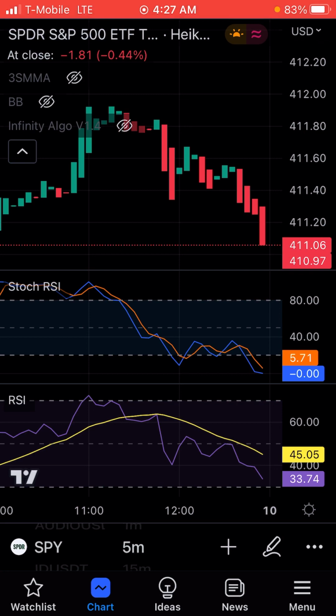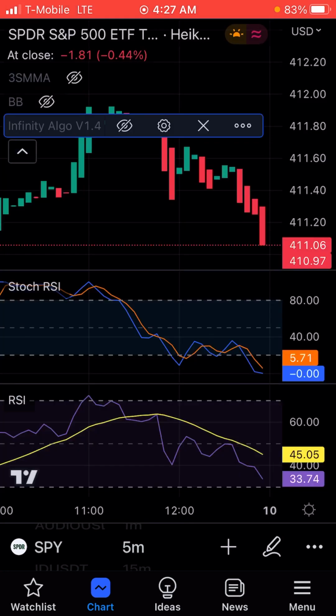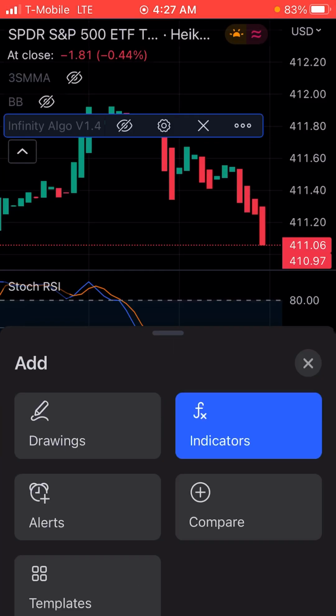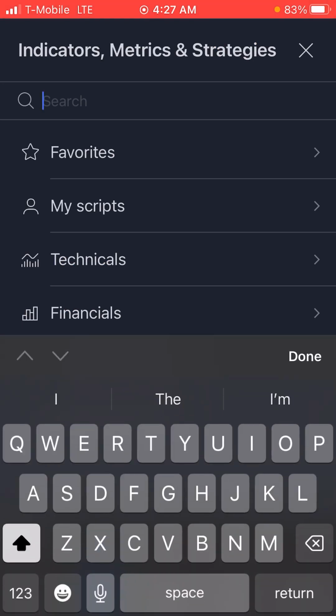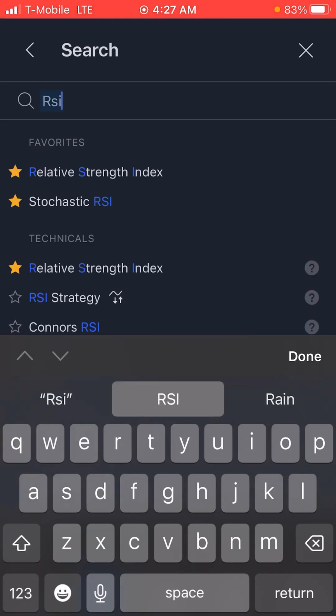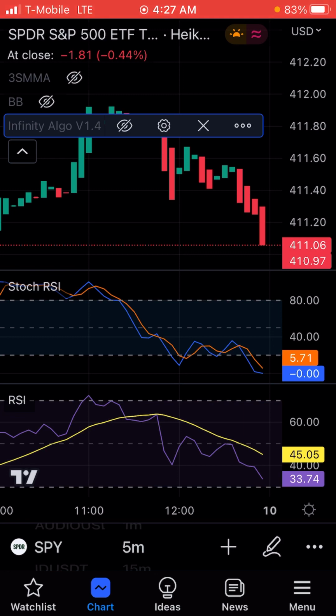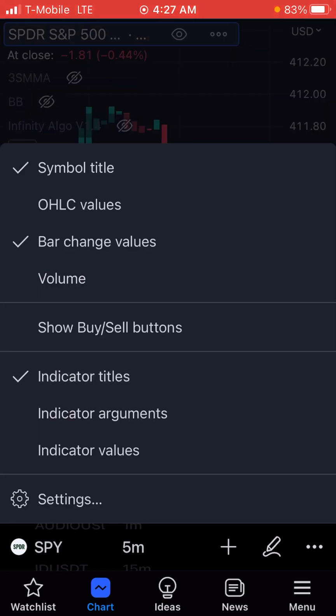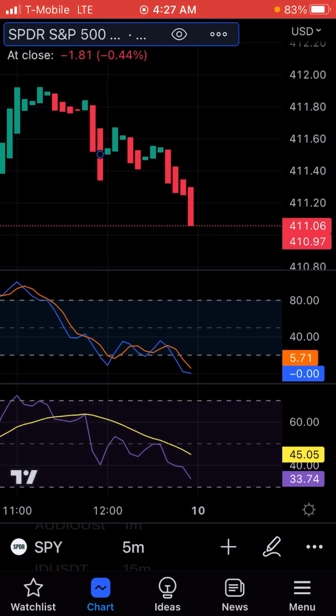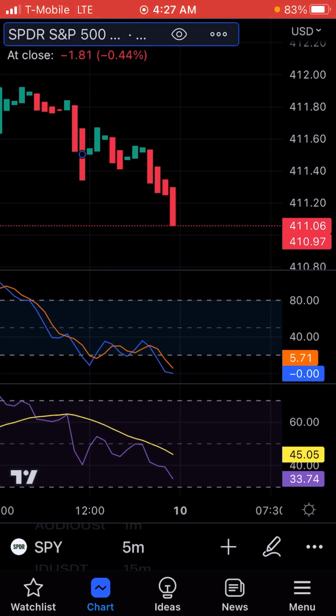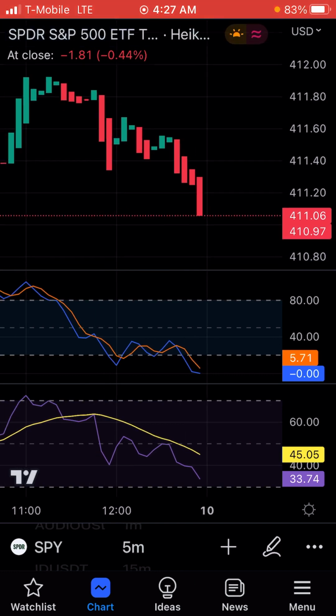Just go to your indicators and type in RSI. I have them in my favorites here: the Relative Strength Index and the Stochastic RSI right here. That's all you need. I'm going to remove them now to get a cleaner screen. But the strategy is very simple, like I said.